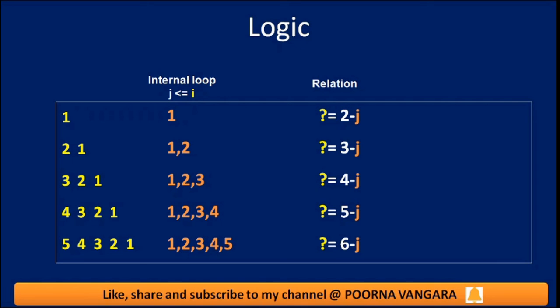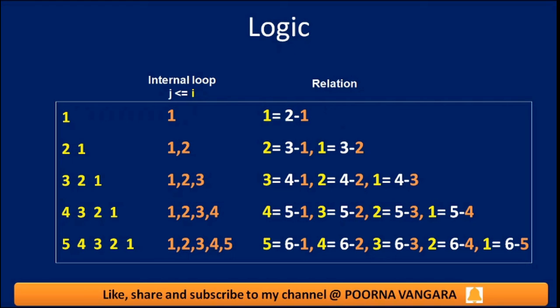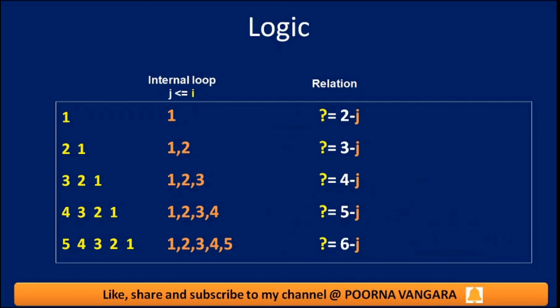The question mark indicates the character that we need to print. And the relation we got is 2 minus j, 3 minus j, 4 minus j, 5 minus j, 6 minus j. Always we try to get a generalized, common equation, because we need to put only one logic in the printf function.